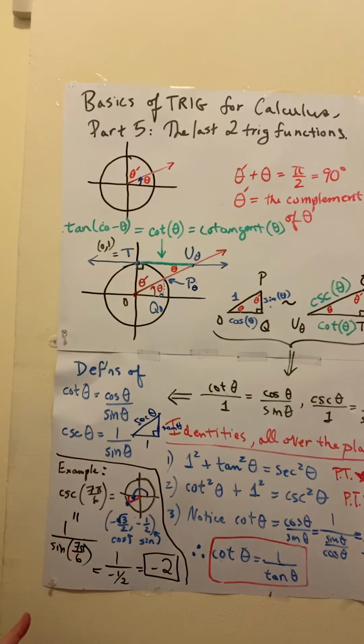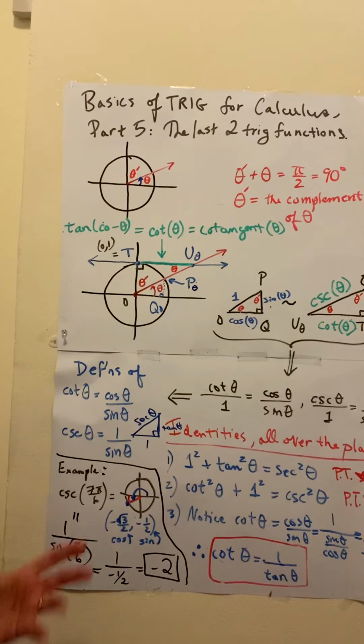And for any of the other 4 trig functions, the tangent, the cotangent, the secant, the cosecant, those are all expressed in terms of sine and cosine. And so all we need to find any of the 6 trig functions anywhere on the plane is a drawing of the angle in standard position and figuring out what the cosine and sine are there.